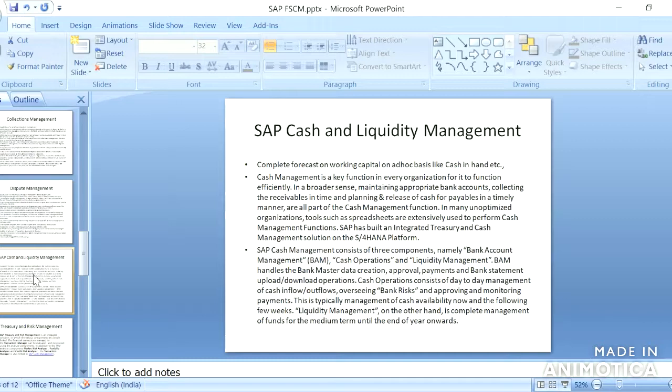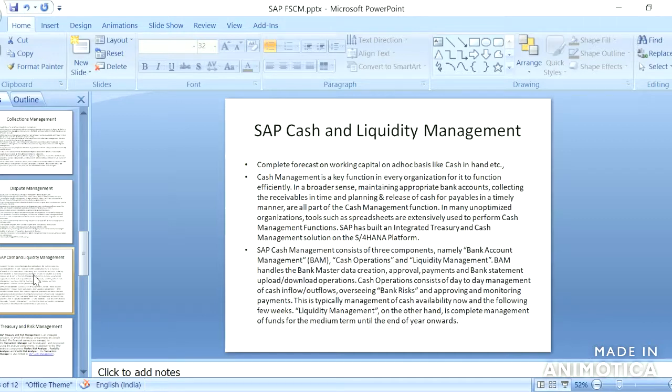Cash operations. Cash operations consists of day-to-day management of cash inflows and outflows, overseeing bank risks, and approving and monitoring payments. Means they will monitor how much cash is there. For the next day, how much cash is required, what are the payments we have to do, and all these things they will monitor.